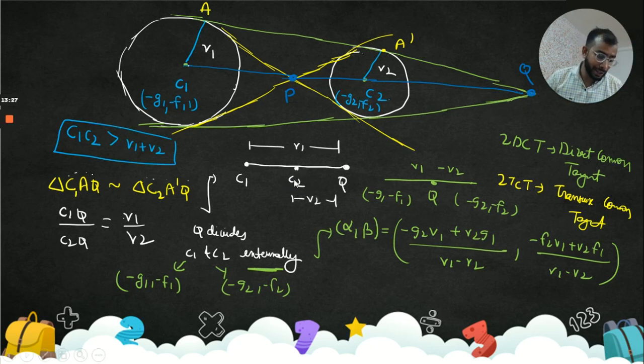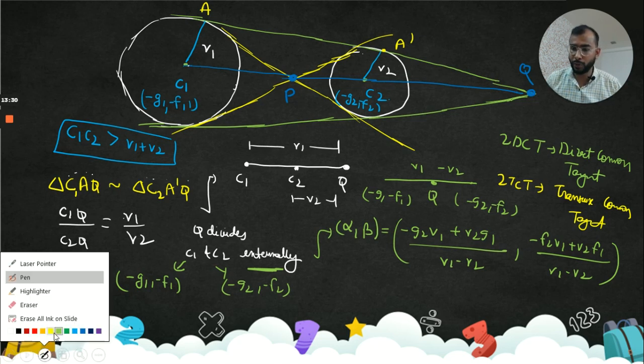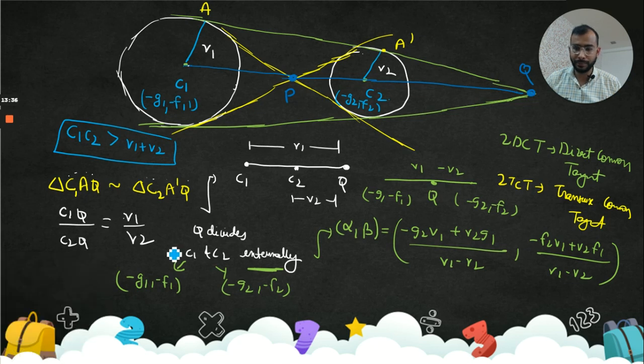Center of similitude. Oh my God, what is that? Sorry. So what is that name? Q is what we call the point of intersection of DCT.